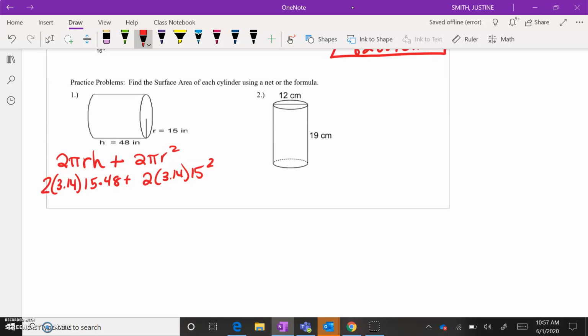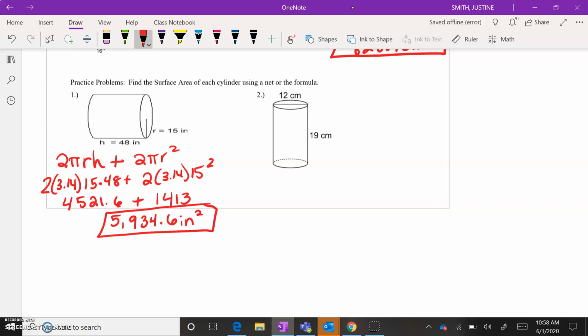So if I plug that in, 2 times 3.14 times 15 times 48, it gives me 4,521.6. And then 2 times 3.14 times 15 squared gives me 1,413. So I'm going to add those together to get 5,934.6 inches squared for the surface area.